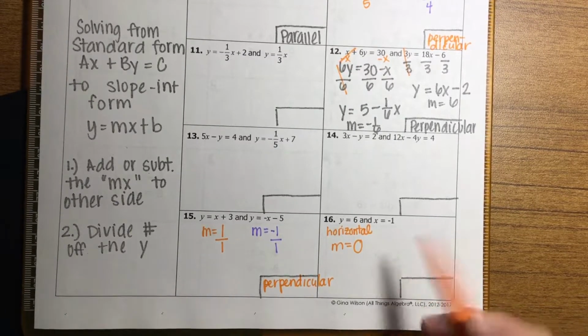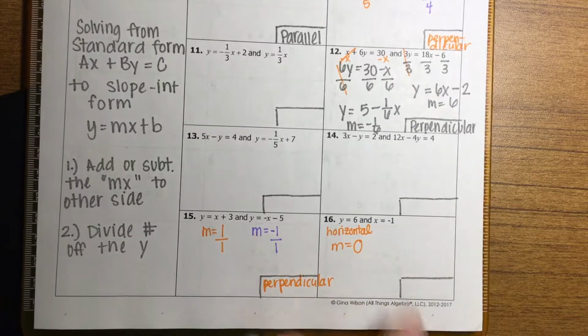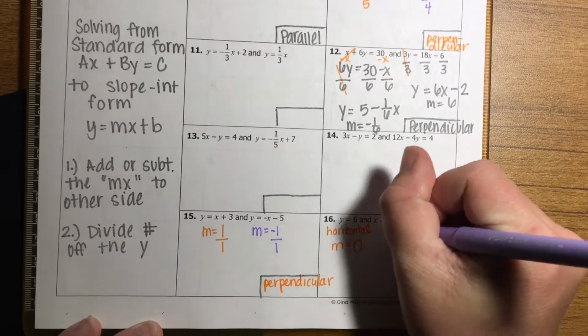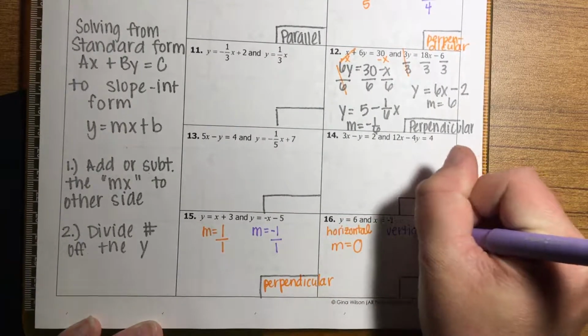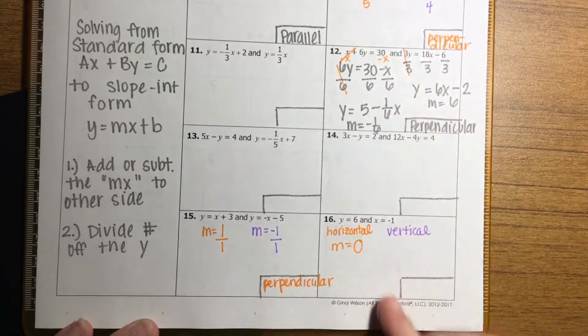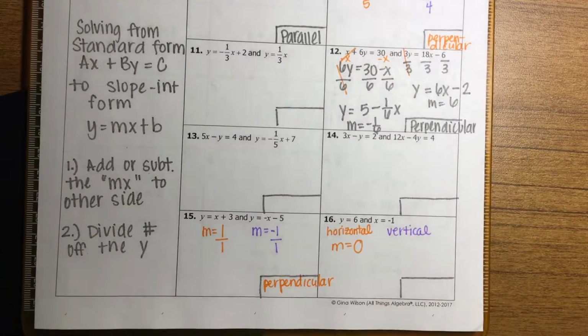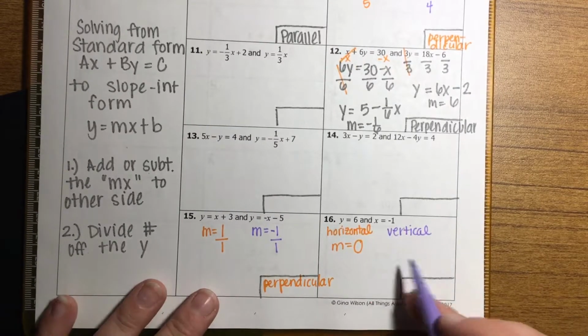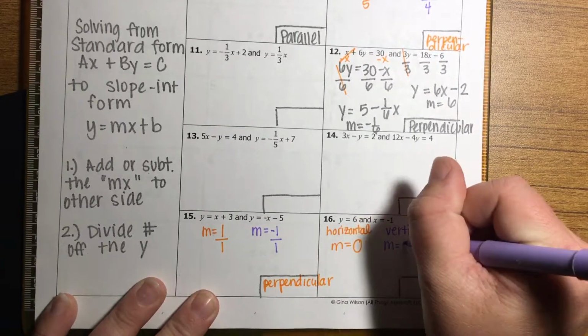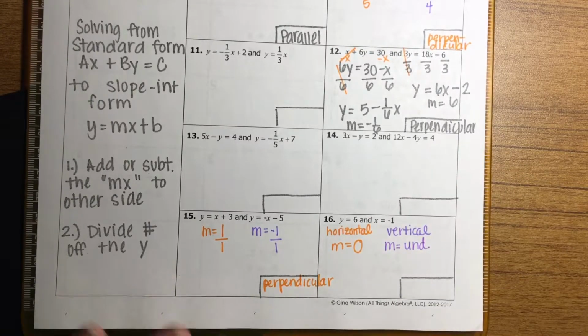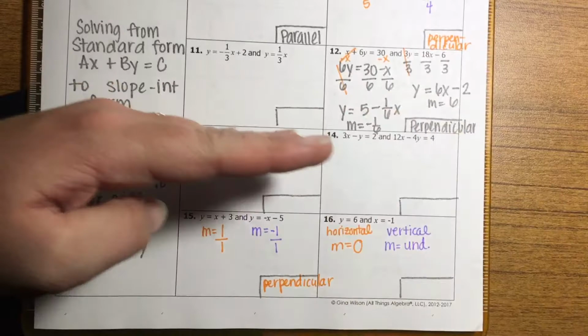If I think about a vertical line, at x equals -1, that's where my line would go up and down. If I think of slope, dude tells me that my slope is going to be undefined.